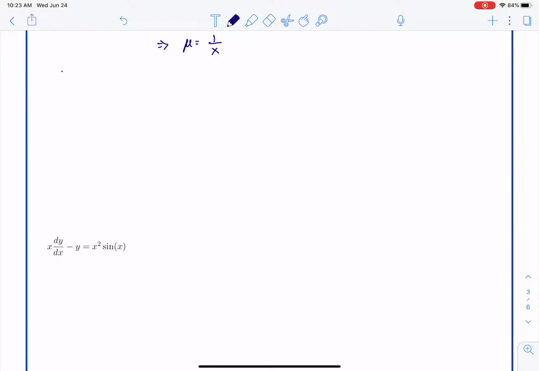The solution now is y equals 1 over mu times the integral of mu times g of x dx plus c.